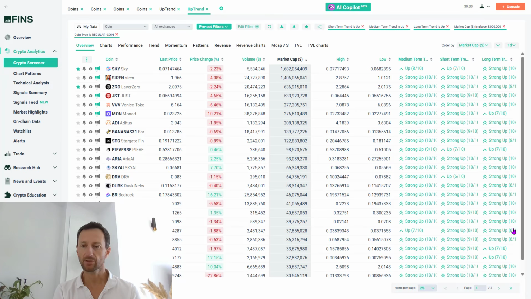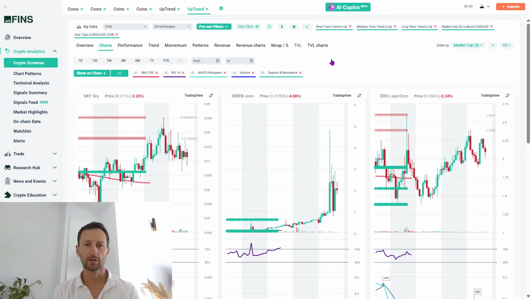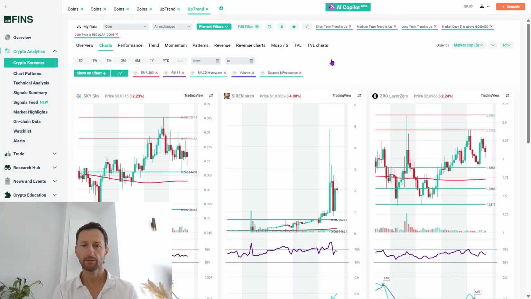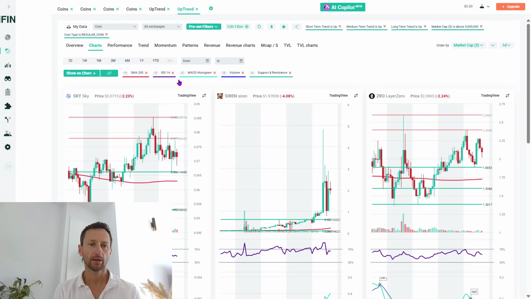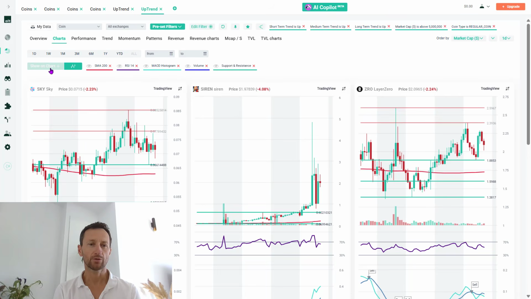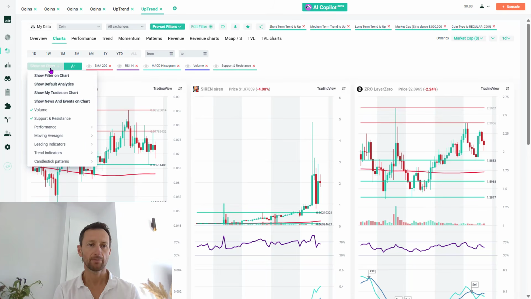Okay, here's the list of them. It's a couple of pages, so close to about 30, 35 assets. We can take a look at the charts here. One of the other things you'll notice right away is that our charts now include support and resistance levels.